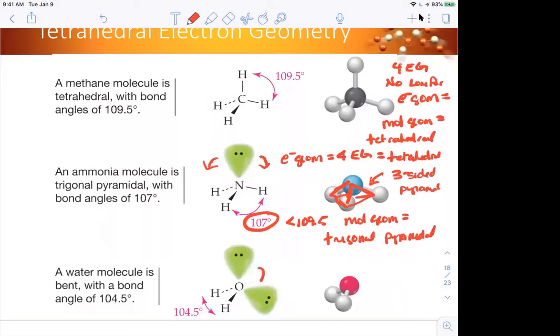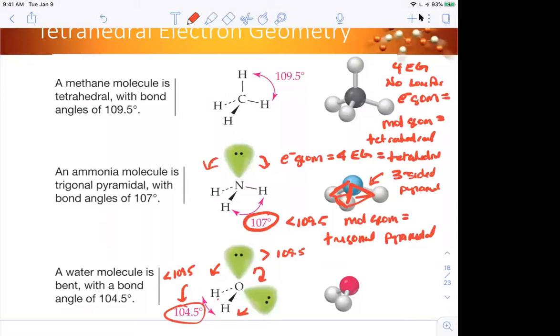Here, again, this is going to be extra repulsive, right? So this is going to be greater than 109.5. And then this is going to be less than 109.5 because those lone pair have extra repulsion with one another, again collapsing that tetrahedral bond angle from 109.5 to more like 104.5. You don't really have to know these numbers. What you have to know is the lone pair will collapse those bond angles.